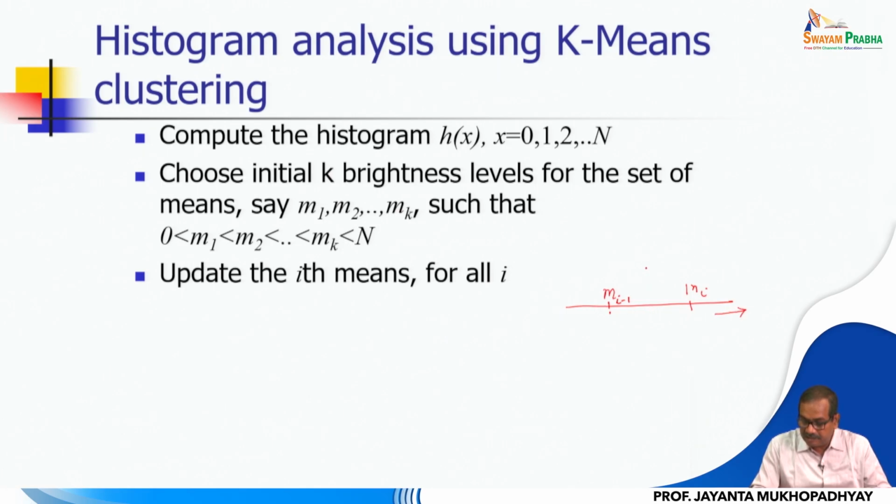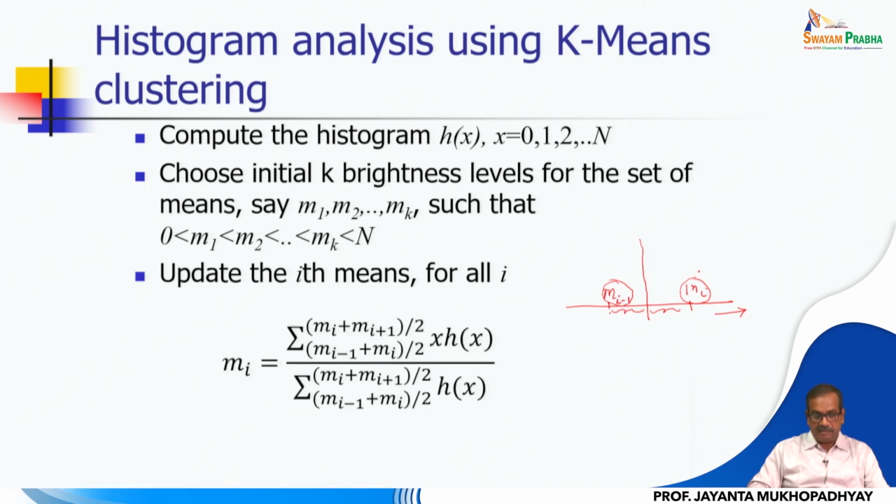If I draw the perpendicular bisector, all the brightness values on one side will be closer to m_{i-1}, and all the values on the other side will be closer to m_i. Not only closer, they will be closest because of this ordering. We actually use this principle to recompute the center. We did not go for computing the closest centers exhaustively.